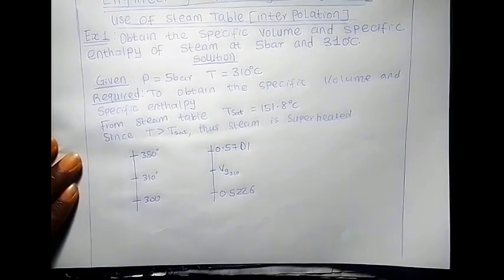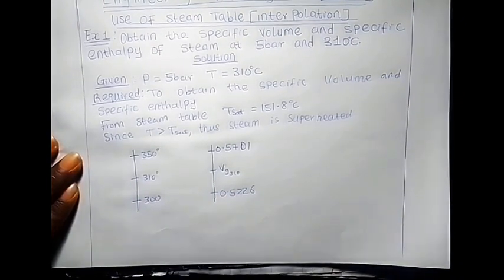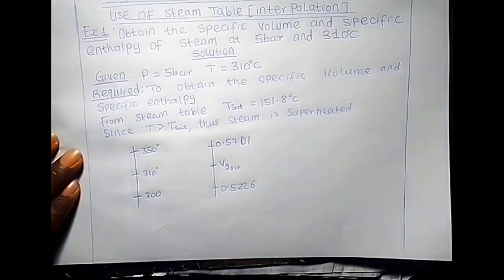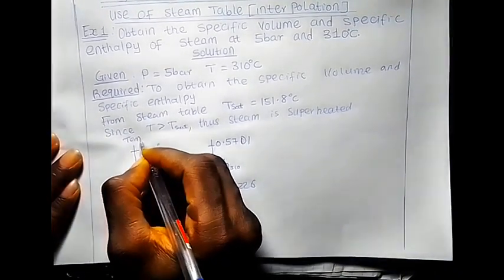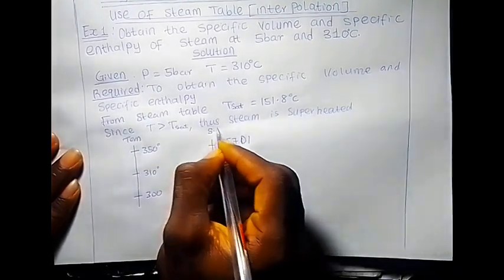So now that we do not know this, what are we going to do? We should use the concept we know from high school when we talk about temperature and its measurement. Because this is temperature and this is specific volume.